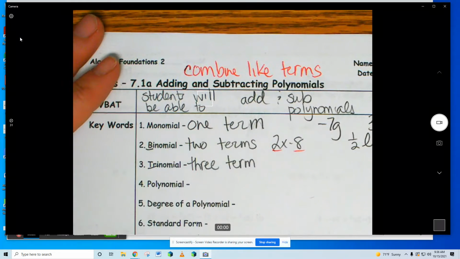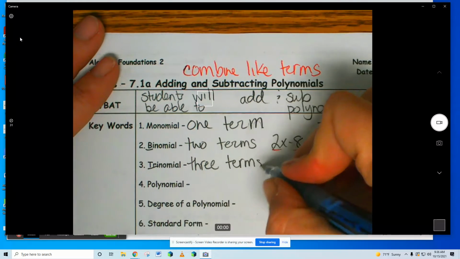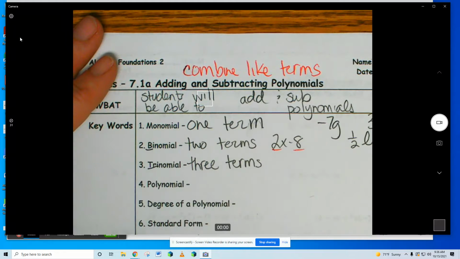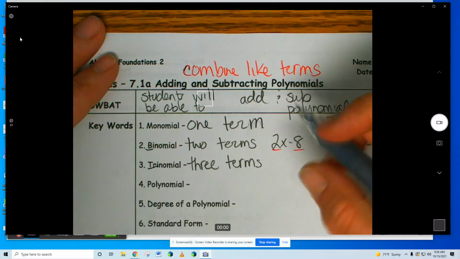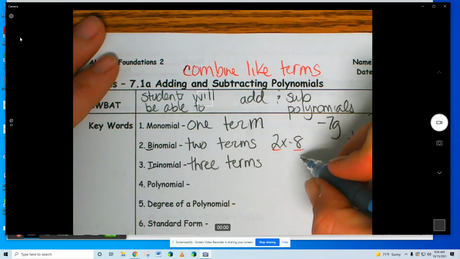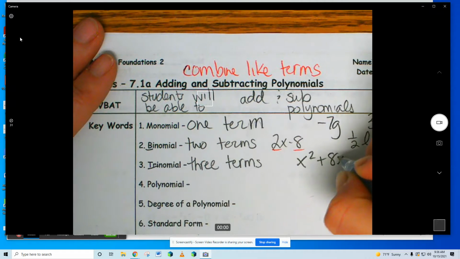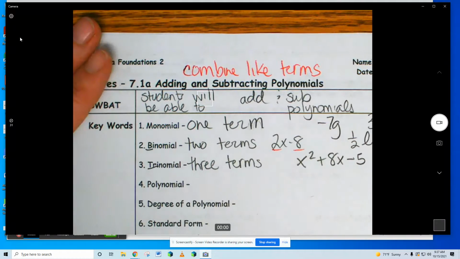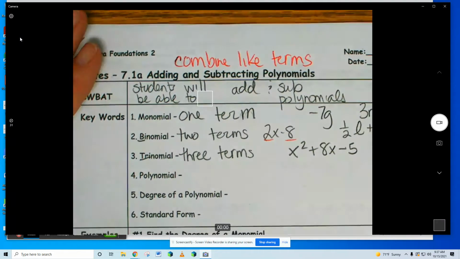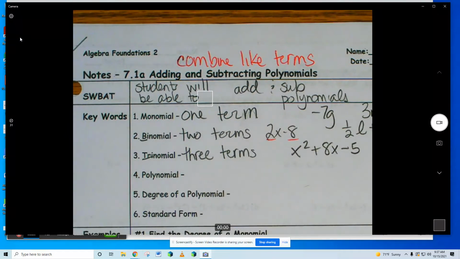Tripod has three legs. Think of more. So x squared plus 8x minus 5. That's a trinomial. Okay?